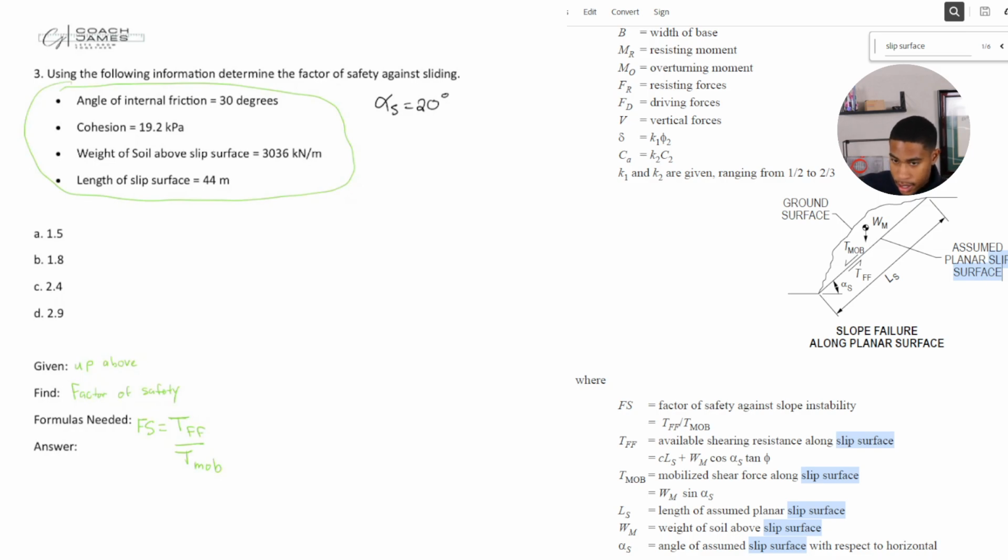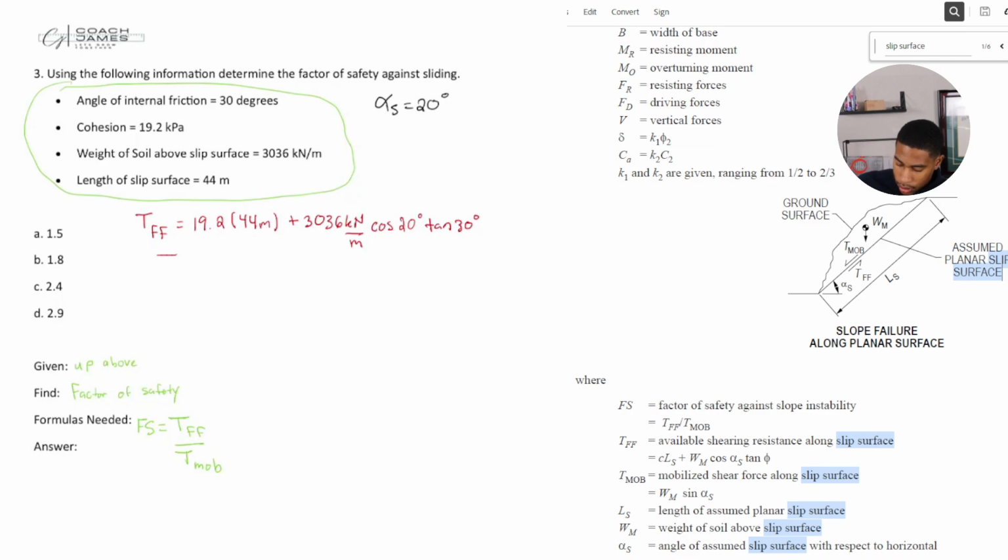So if I have that information now, I would know that TFF is equal to, what's my C? 19.2 times my 44 meters, plus WM, which is going to be 3,036 kilonewtons per meter, times my cosine of 20 degrees times the tan of phi, which is the angle of internal friction, which is 30 degrees.